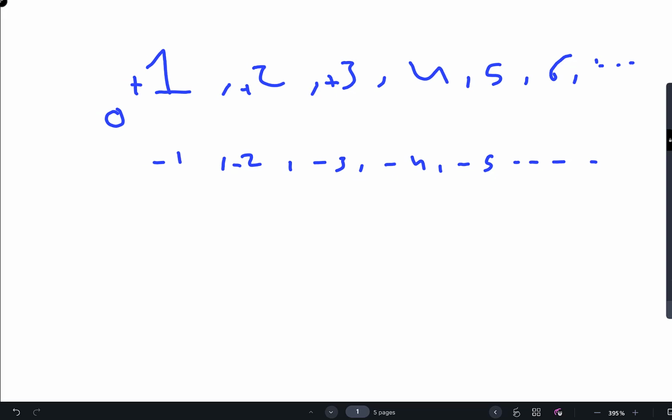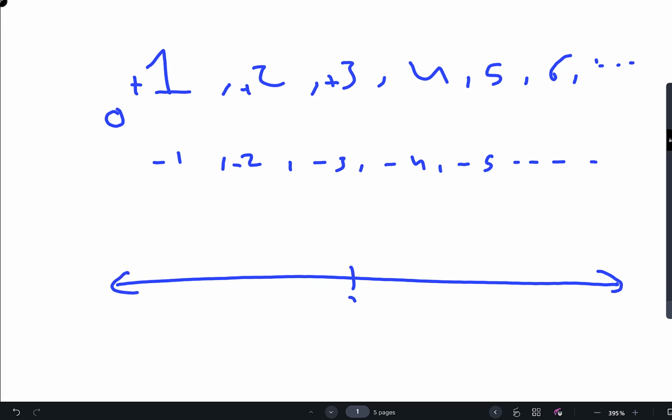If I make a line to help you understand, I write 0 in the middle, so we have 1, 2, 3, 4, 5, -1, -2, -3, -4, and so on.